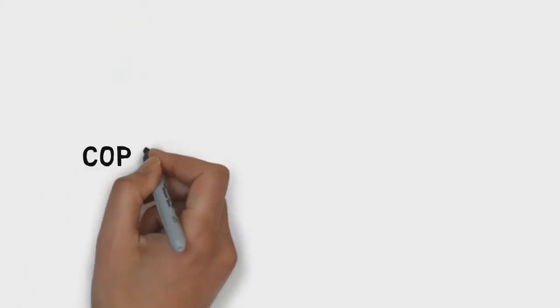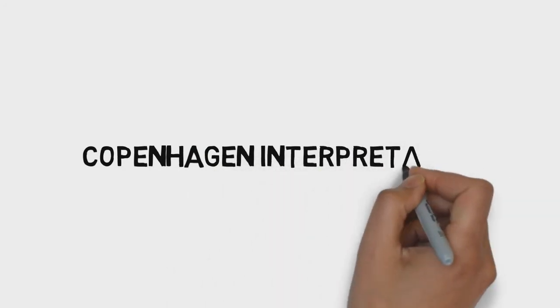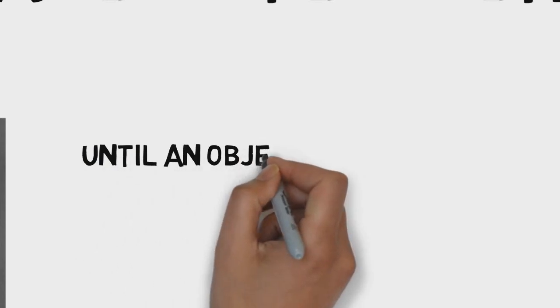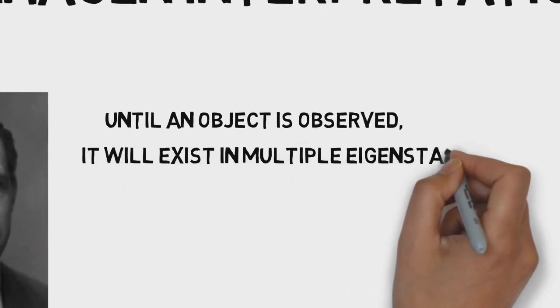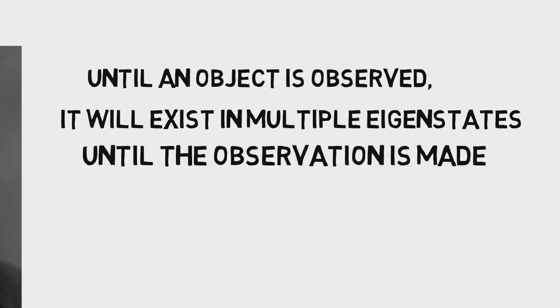Schrodinger's cat is an example of the Copenhagen Interpretation. It was formulated by none other than Niels Bohr in 1920 as the basis of quantum mechanics. It states that until an object is observed, it will exist in multiple eigenstates until the observation is made by the observer.